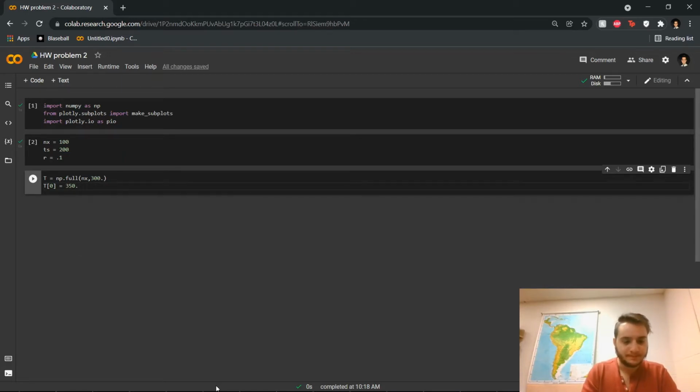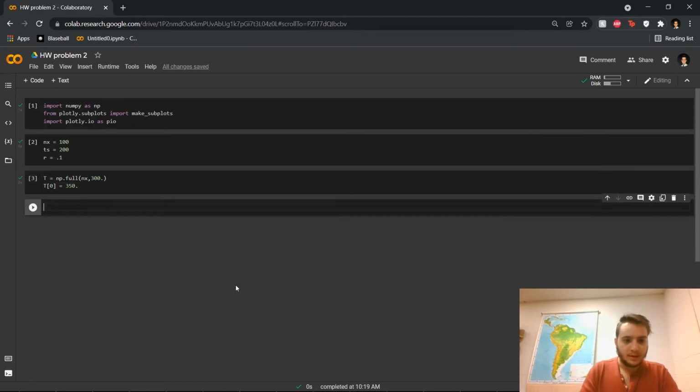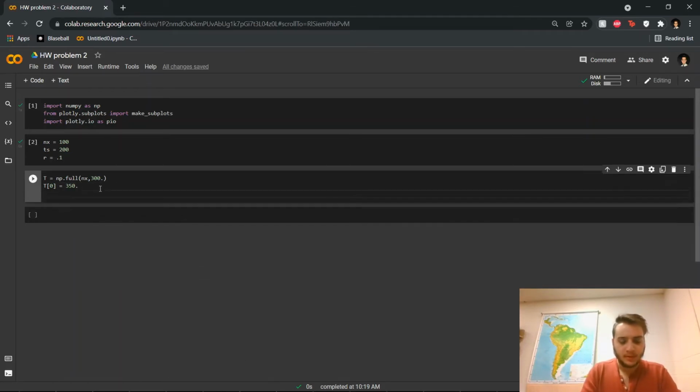Okay, then its left side, so we'll denote that as -1, goes to 400.